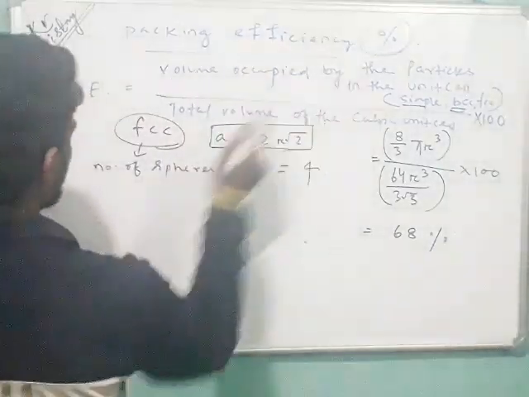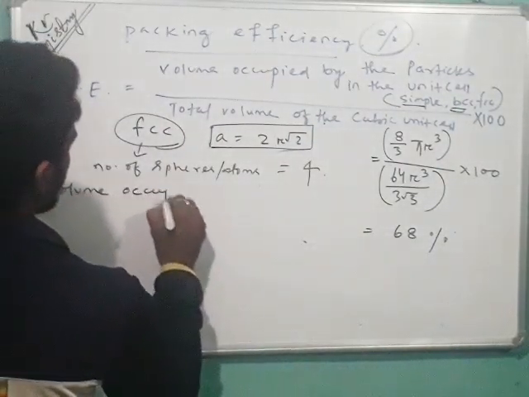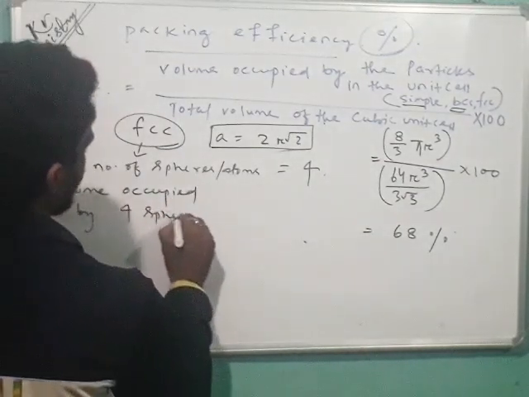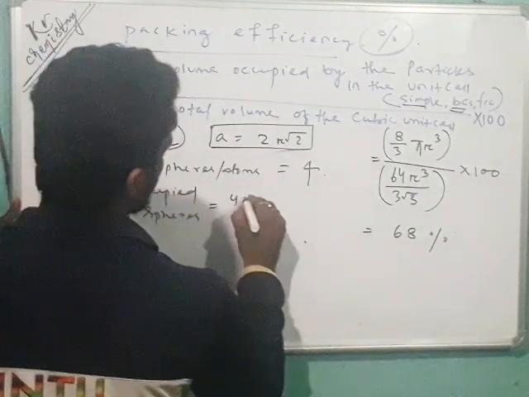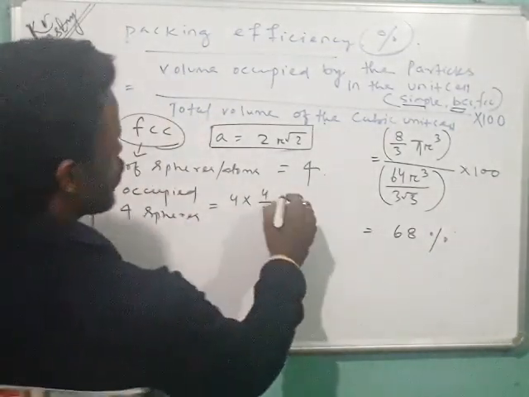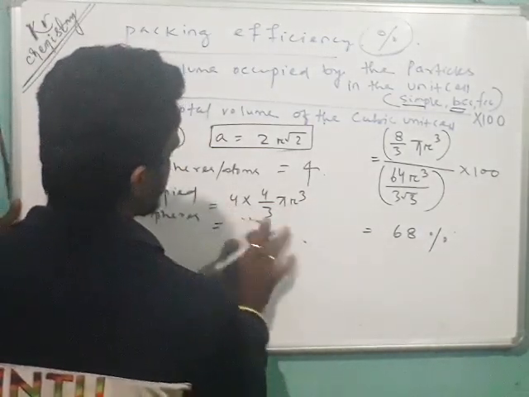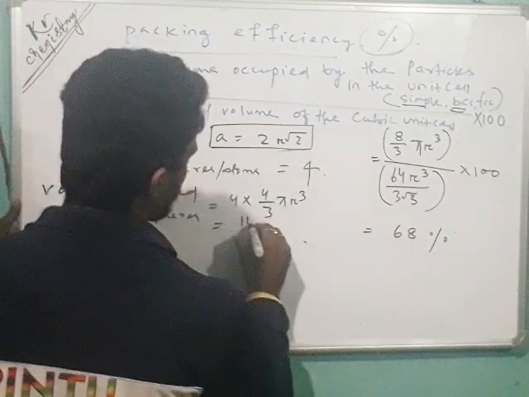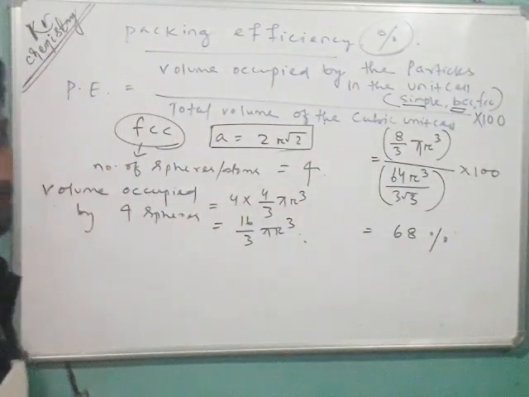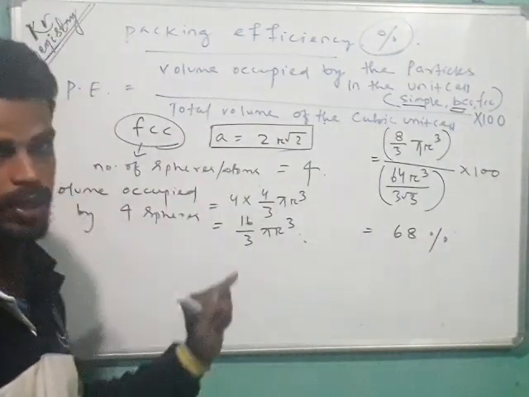Then the volume occupied by 4 spheres is equal to 4 into the volume of a sphere, 4 by 3 pi r cube, that is 16 by 3 pi r cube. This is the volume occupied by the spheres in FCC.